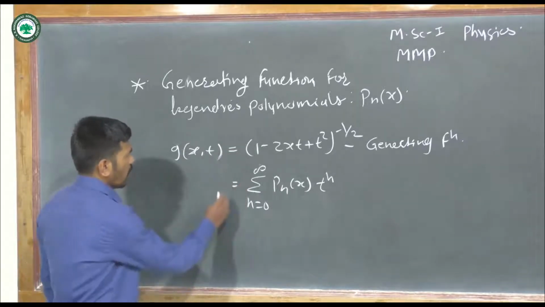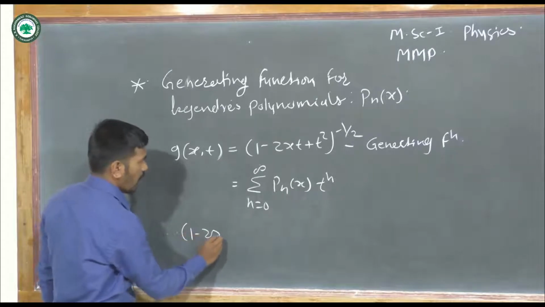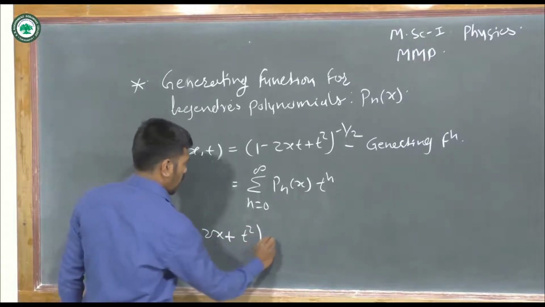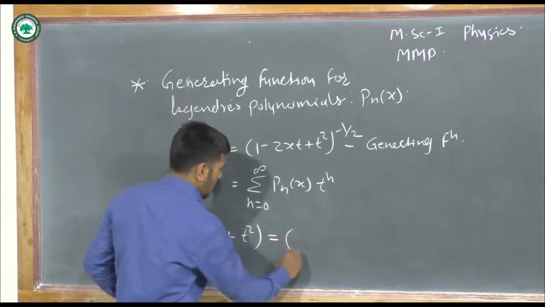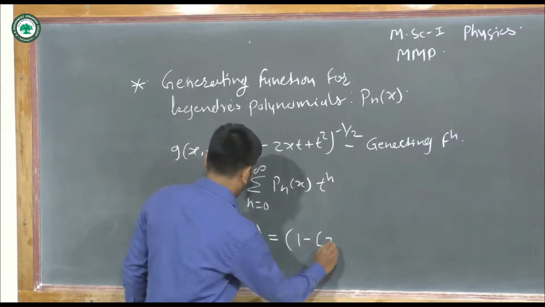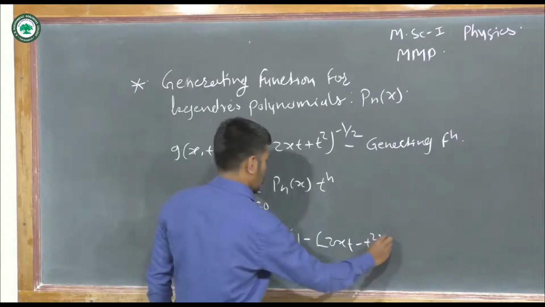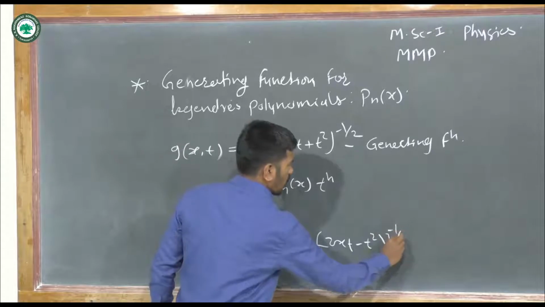So we can write 1 minus 2xt plus t square as 1 minus (2xt minus t square), to the power minus half.